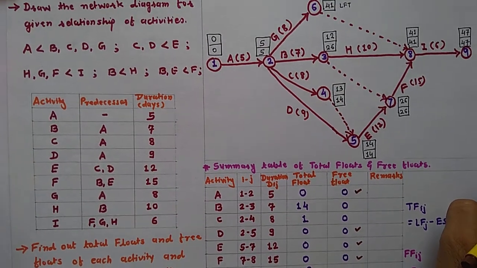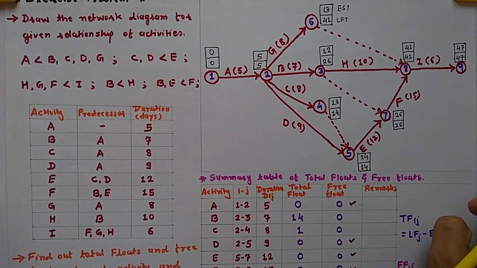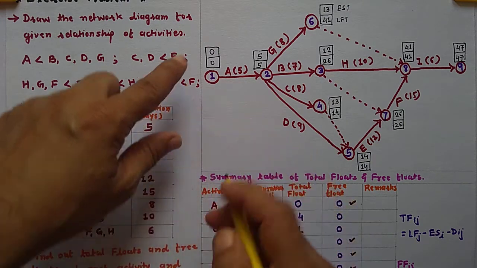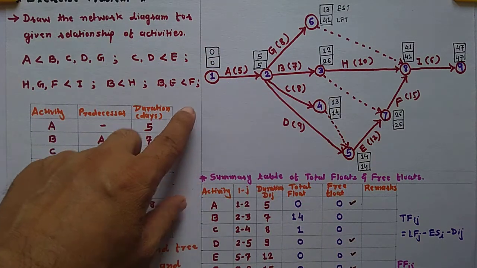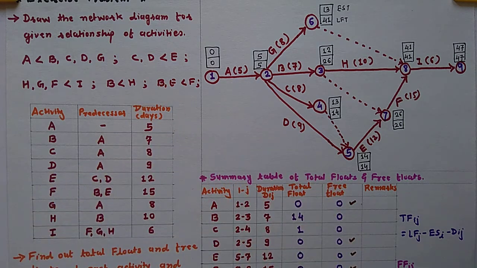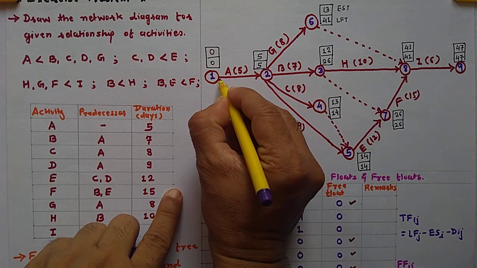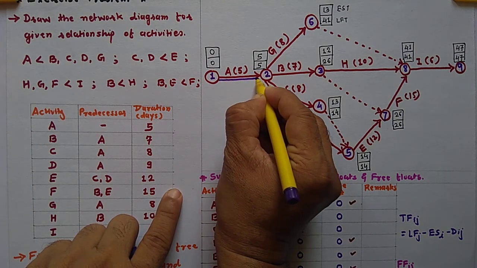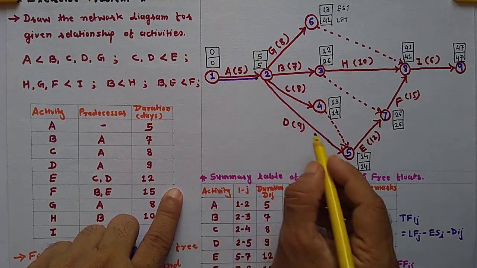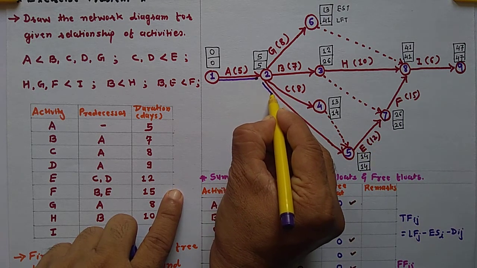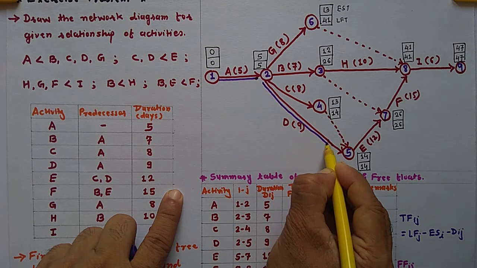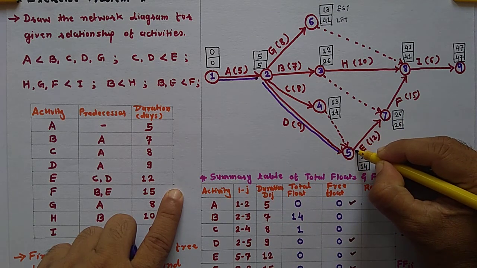As well, we can identify in our diagram that where both values, earliest start time and latest finish time, are the same, that is also a critical activity. So I will highlight that activity here. This is a critical activity, then both values are the same, this one 14, so this is also critical, then this value is the same, so this is critical.